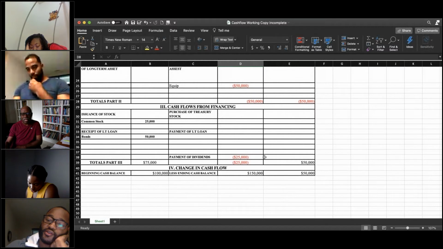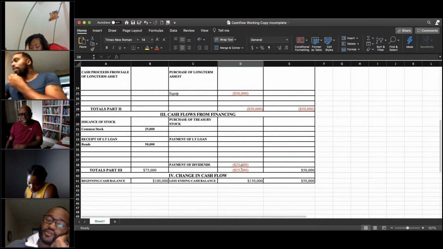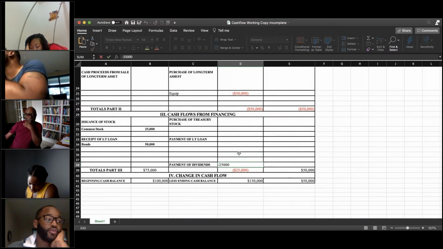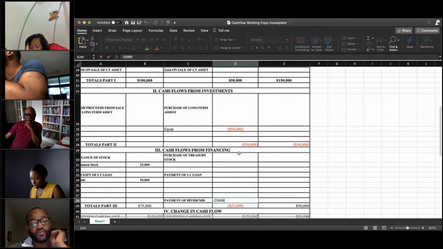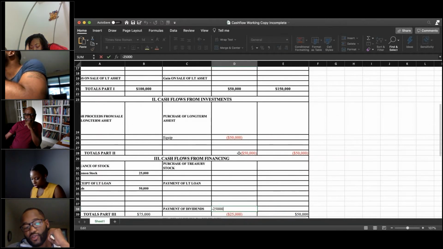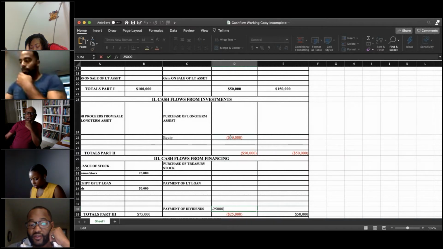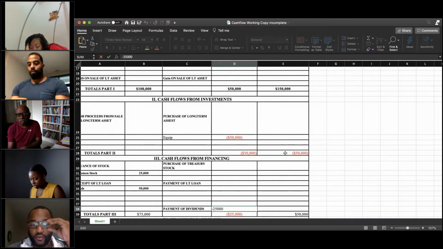You can't have any negative numbers until you get to the right column. So which column should have a negative number? All in the third column, the last one, if your uses exceed your sources.